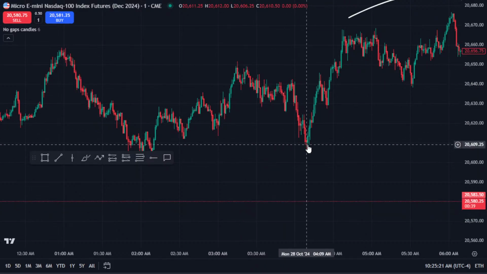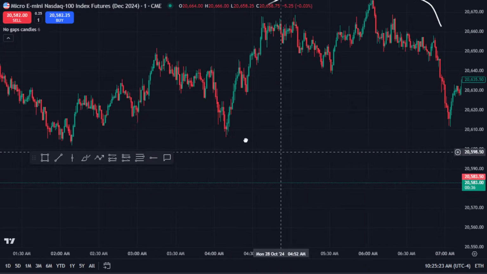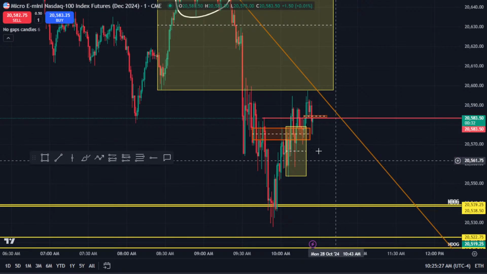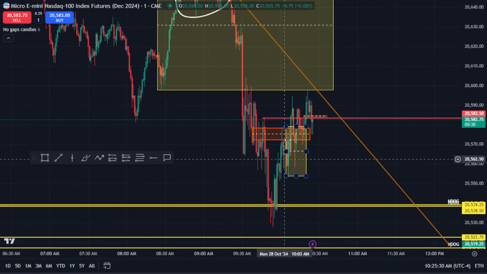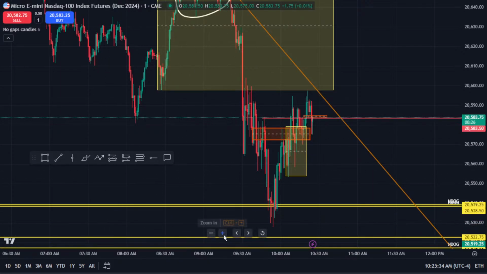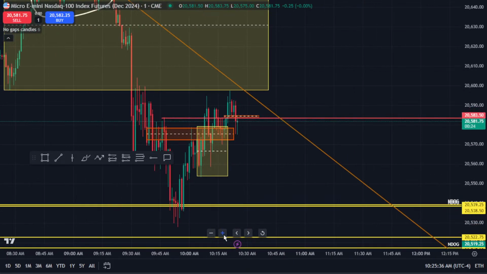Tested. So expecting some kind of range for real, or some kind of choppiness, ugliness for real. Boom, boom, boom, boom.